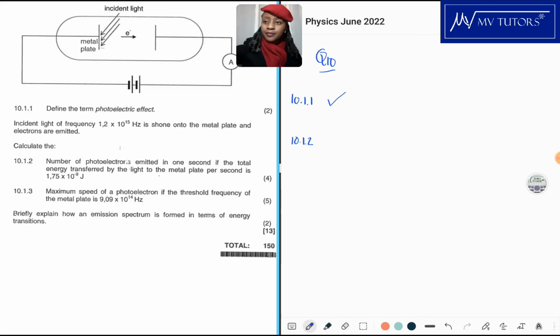Okay, so for us to get the number of electrons, we're going to take the total energy, which they've given us as 1,75 times 10 to the negative 9, and divide it by the energy of each photon, because remember that light has dual nature.